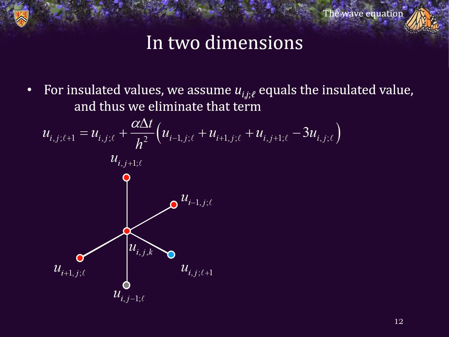So here we see that u sub i j minus 1 l has been eliminated, and the coefficient in front of u sub ijl has been reduced to 3. If that was a boundary value, we would instead substitute the value and leave the coefficient of u sub ijl unchanged.